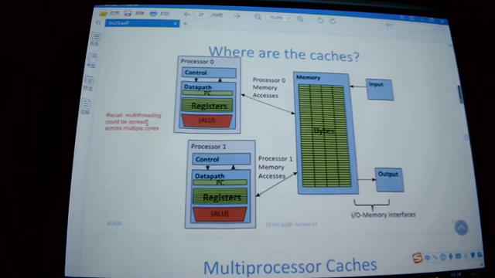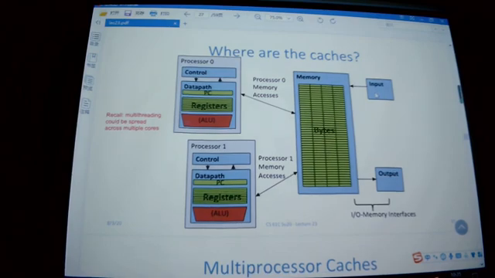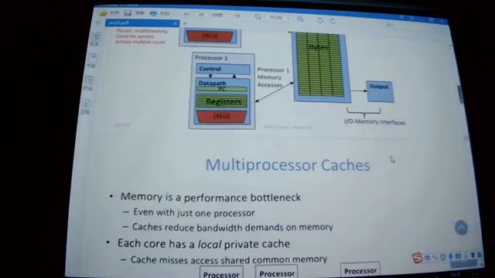Recall that multithreading could be spread across multiple cores. We have two processors, two ALUs, several registers, one main memory, and several inputs and outputs. This is the structure taught in our class.